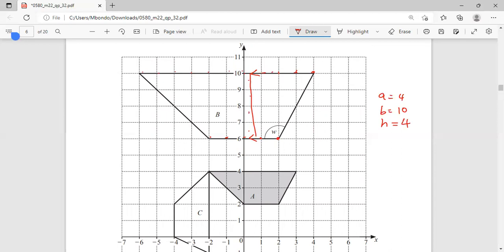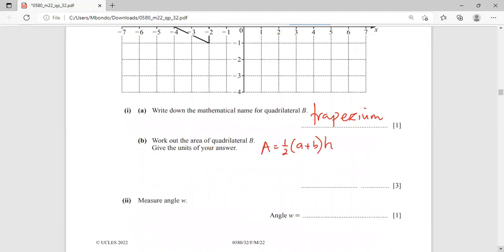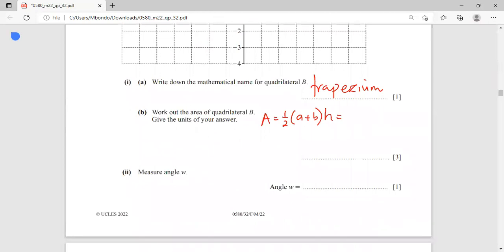So we are going to go down and do that. 1/2 times (4 plus 10) times 4. This 2 into this 4 is 2. Then we have 14 multiplied by 2. We are going to get 28.